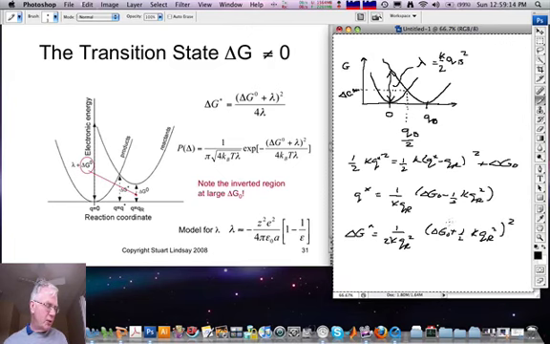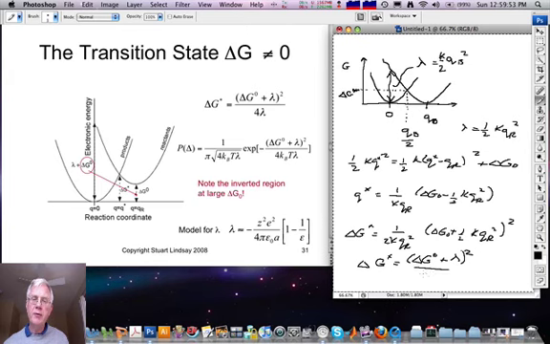If we then substitute in our result, lambda is 1/2 k q_R squared, putting this into this expression and simplifying, we obtain for the transition state energy delta G star equal to (delta G0 plus lambda) all squared over 4 lambda.